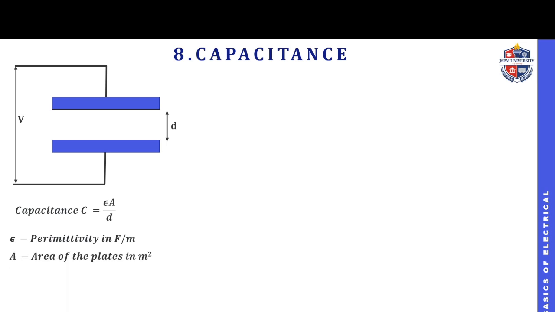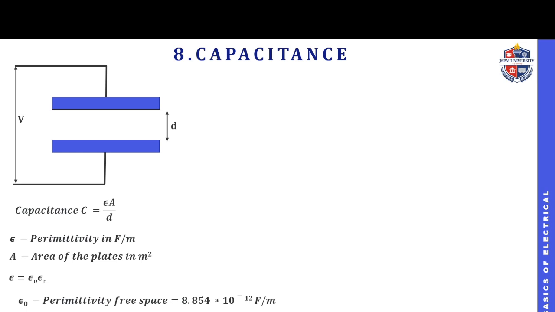Epsilon is normally epsilon naught times epsilon r, and epsilon naught is called the permittivity of free space, with the value 8.854 into 10 to the power minus 12 farad per meter. Epsilon r is the relative permittivity of the dielectric material.